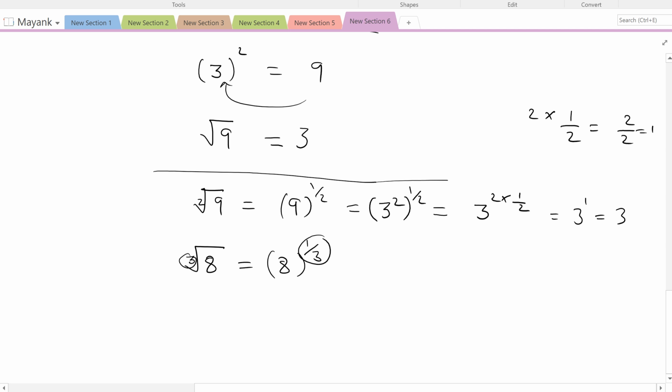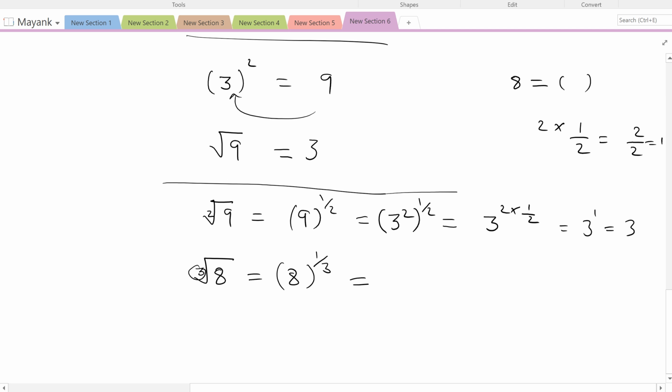That is the whole sole purpose. Here we got rid of this 1 over 2, right? There we got it. There's nothing on the top there. In the same manner, we're going to get rid of this power by writing 8 as a power of some number. And we already know that.